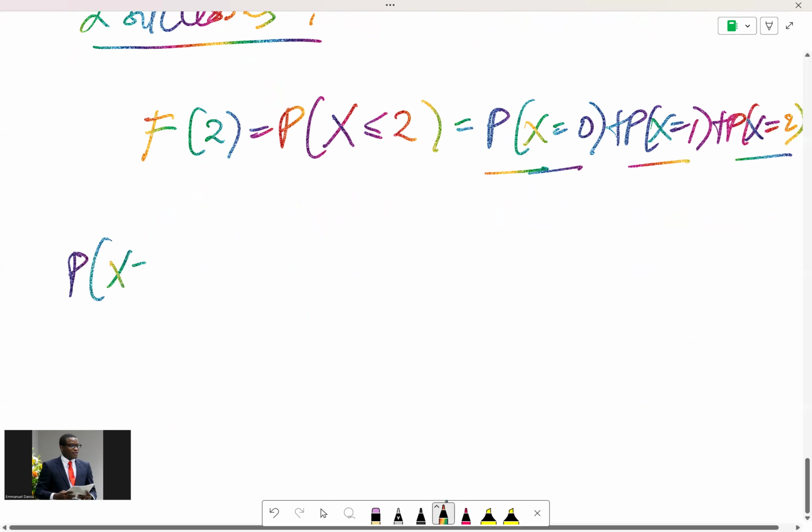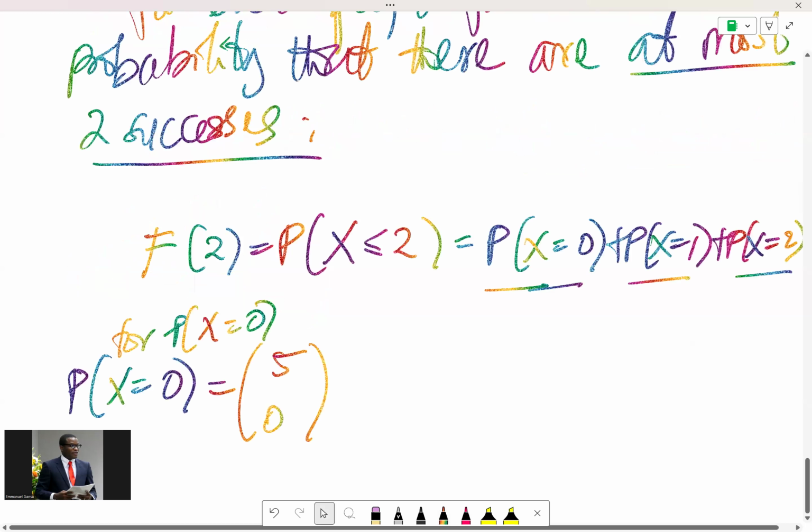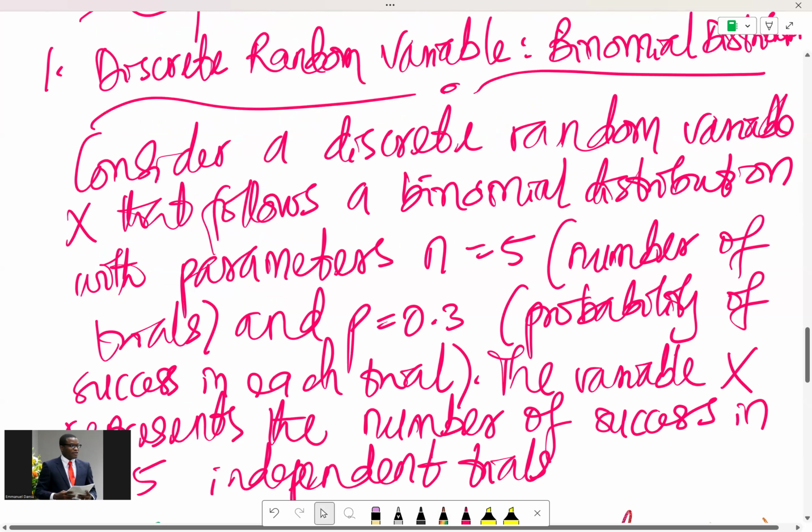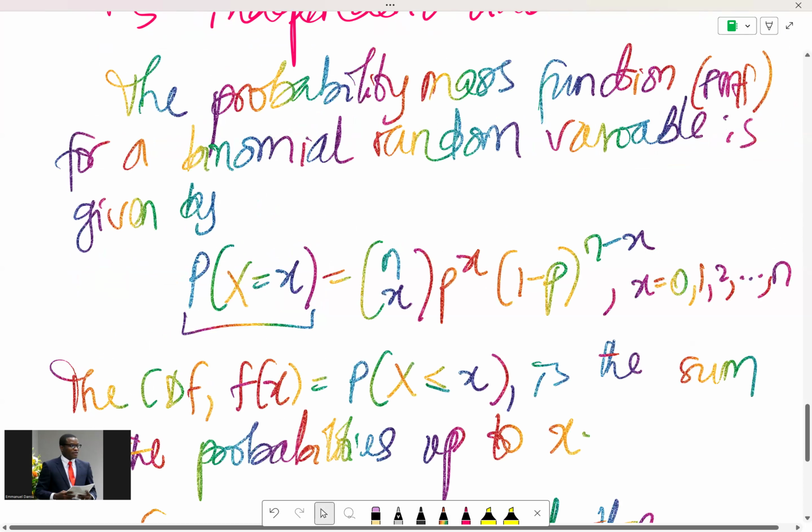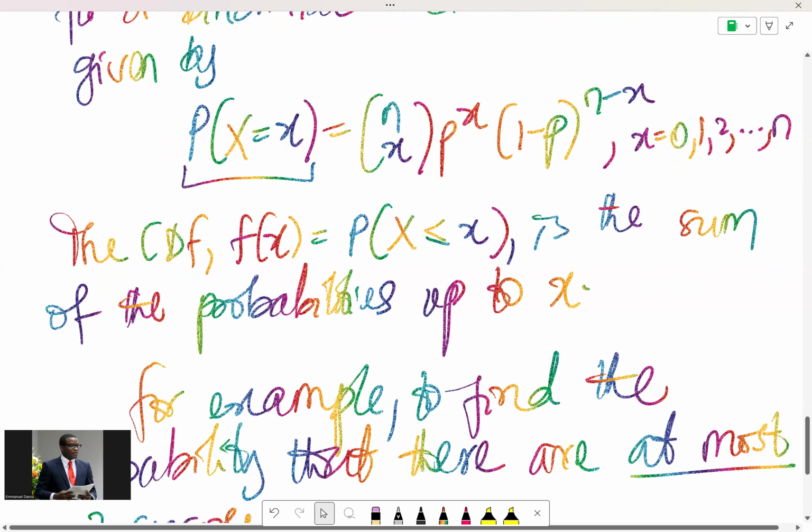the probability that X is equal to 0 is simply going to be the number of trials, that's 5 combination 0, here our small x is 0. So for the probability that X is equal to 0, based on the formula, multiplied by the probability of success, 0.3 as we have.